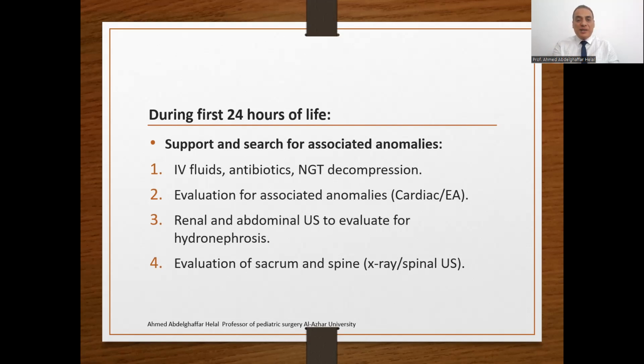You will measure the sacral ratio. You will perform renal and abdominal ultrasound, because you cannot take a decision for surgery and you cannot perform radiology regarding the level of the anomaly during these first 24 hours.